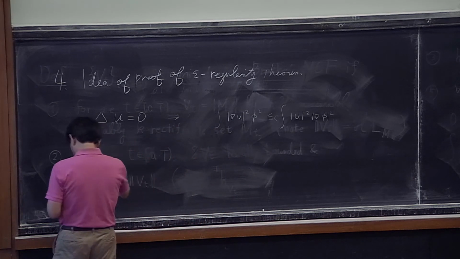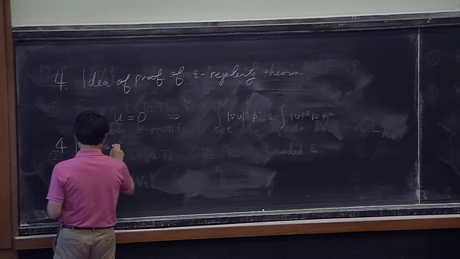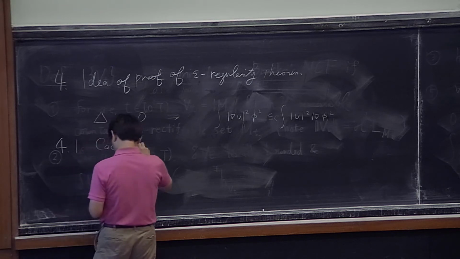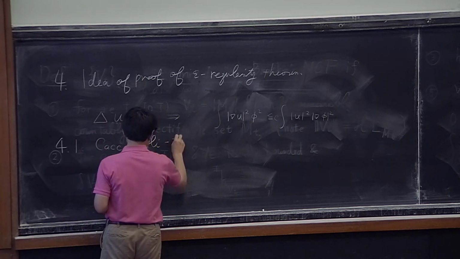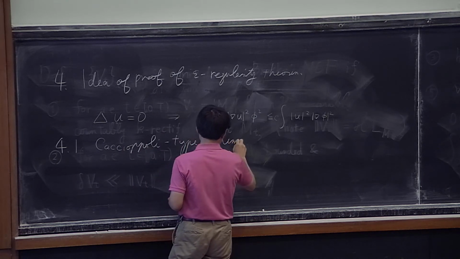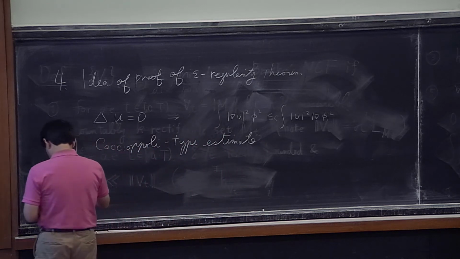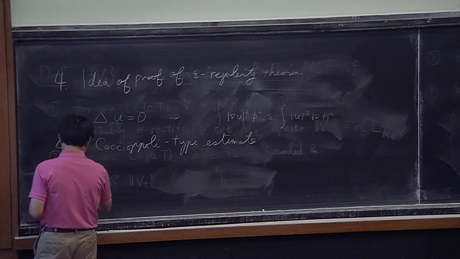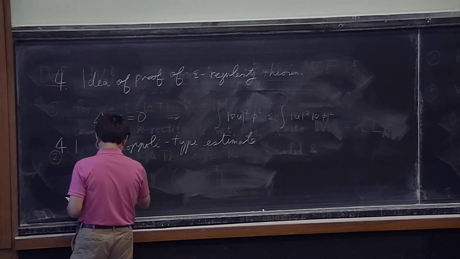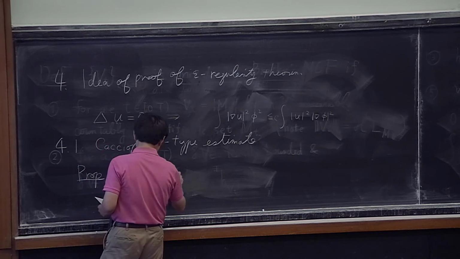So the first step, let me call this a Caccioppoli type estimate. How do you do this? Let me write it as a proposition. This corresponds to my paper, Kasai Tonegawa 5.2.